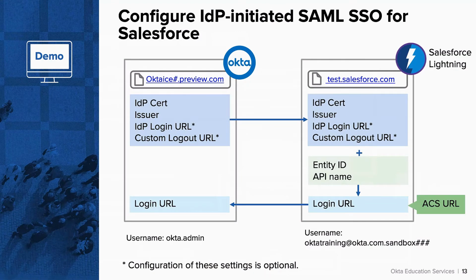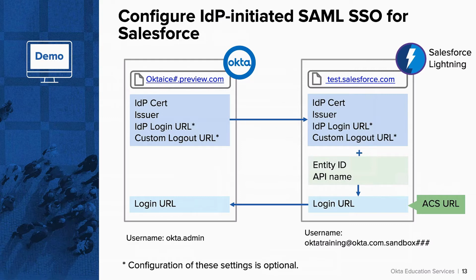So, I'm going to do a demonstration, and I'm going to specifically be using Salesforce as the service provider application. Our goal is to set up Salesforce for SAML authentication for SSO from Okta. In my diagram here, you can see there's certain information that will need to be passed from Okta to Salesforce. Specifically, we need that identity provider certificate and an issuer ID.